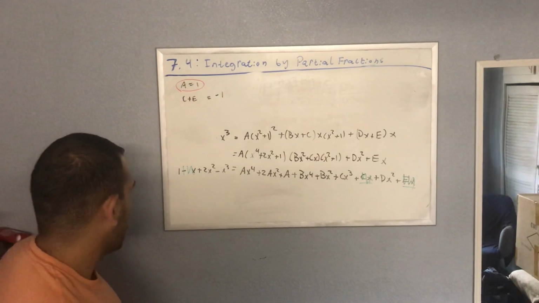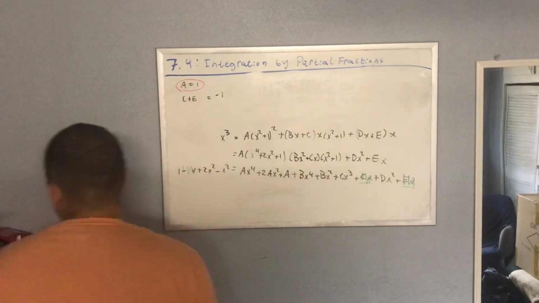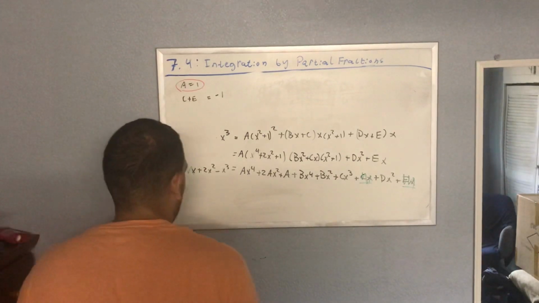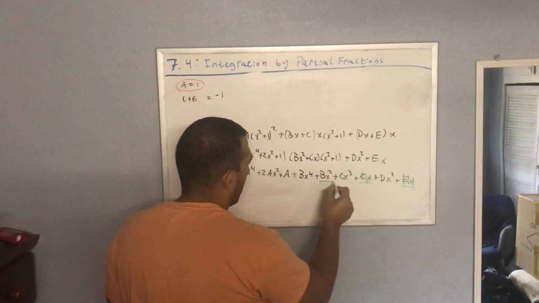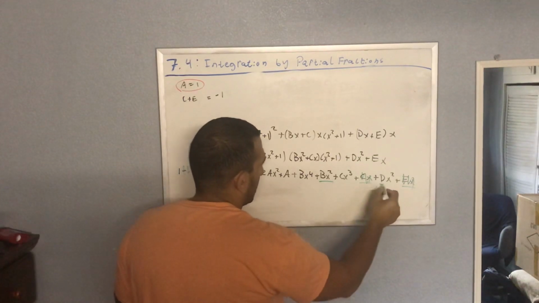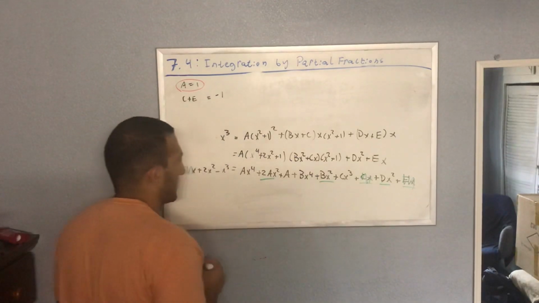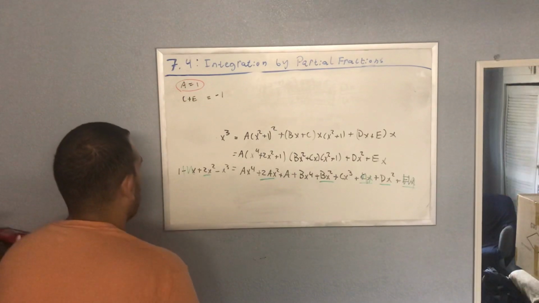And then next up, let's look at the squared terms. So we have a bx squared and a dx squared and a 2ax squared. And that's the x squared term here.